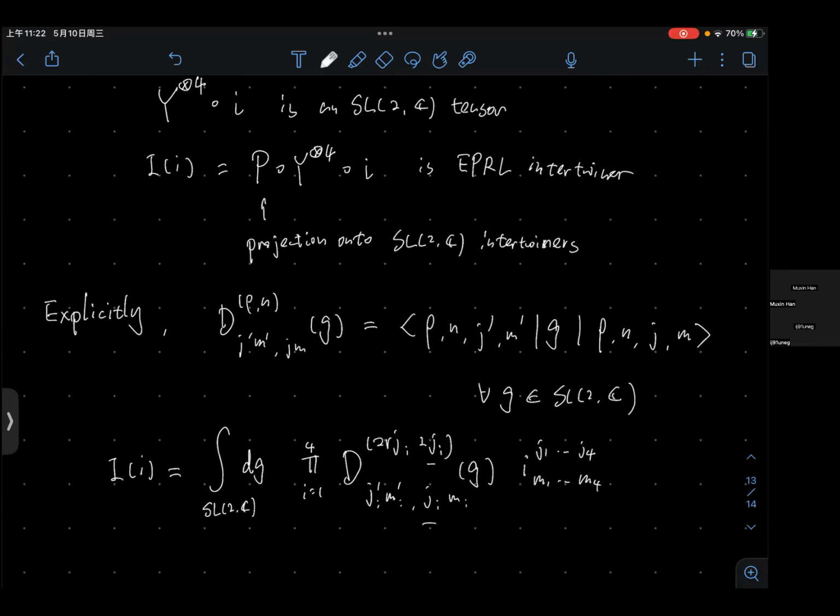It picks up the lowest level in the representation space, and this M is contracted with this M. This means that this representation matrix is acting on SU2 vectors, so this contraction is with the Y map.